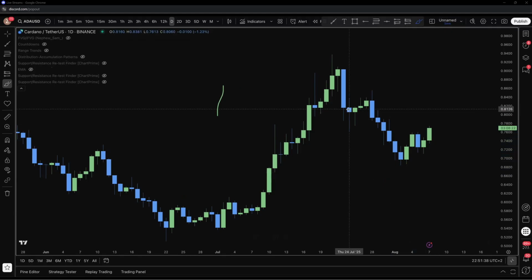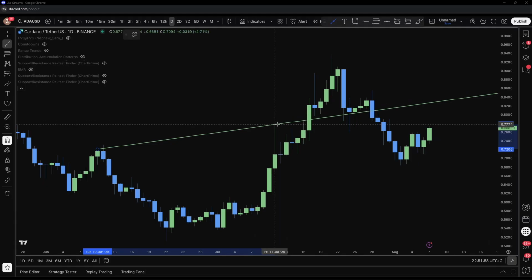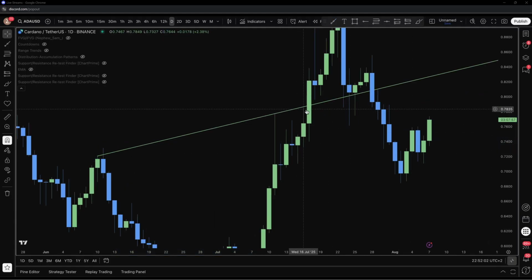And then the other way we draw range trends is when there's a valley. Let's see if we've got one here. So as I presume, we have this hold candle, this accumulation candle here, and then nothing comes into that until this candle. So I believe we have a range trend there, which is possibly what this rejected off.